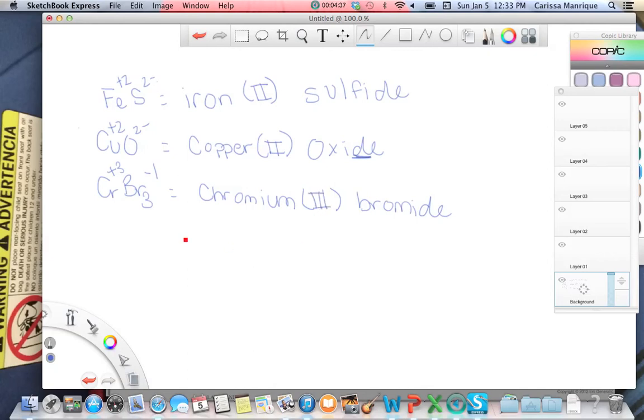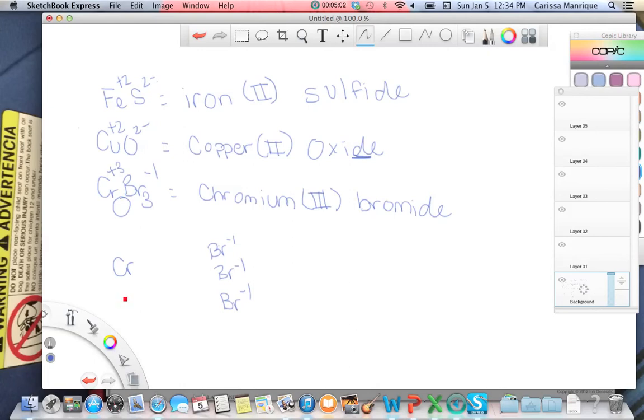So let me draw that out so you can see it. So this says I have 3 bromines, right? So let's put 3 bromines, -1, -1, -1. And then let me put my chromium over here. Now let's look at the subscripts. Do you see right here, there's no subscript? So that's implied that it's 1.